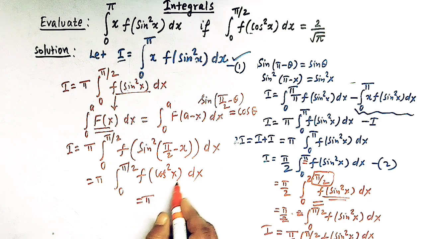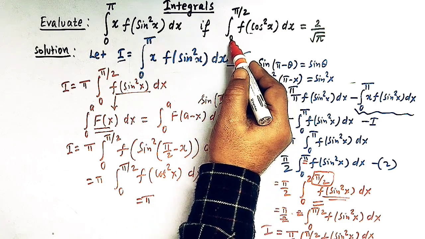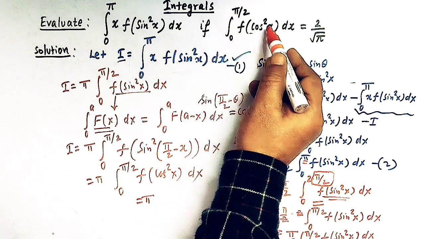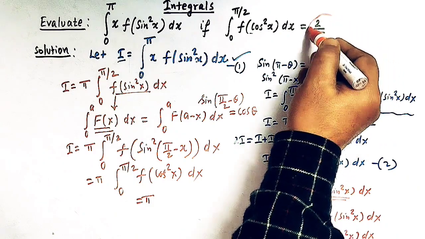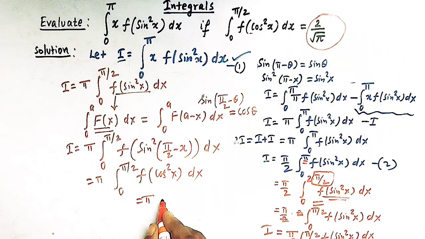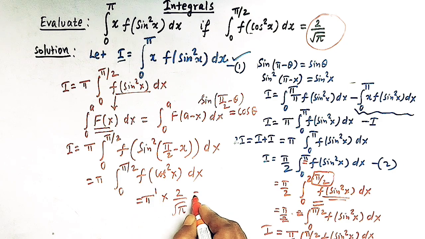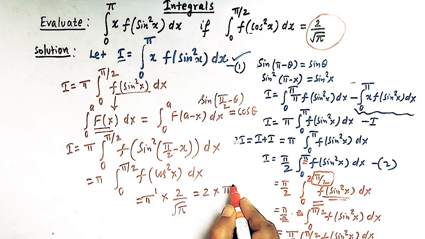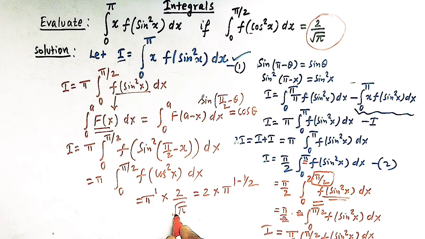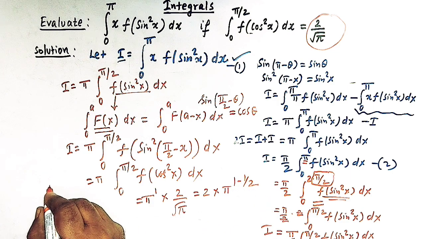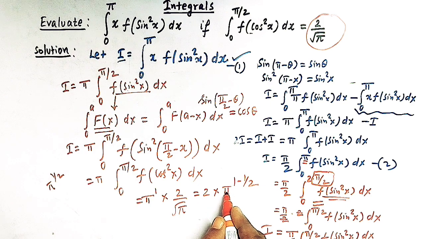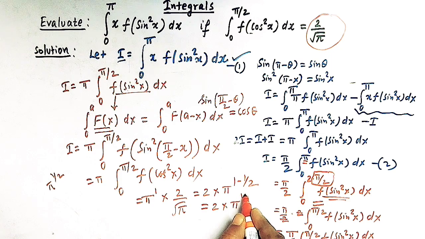So now the value of the integral 0 to pi by 2 f of cos square x dx is given by this number, that is 2 over square root of pi, right? And here we have pi raised to 1, so we have 2 times pi raised to 1 minus half, because square root of pi can be written as pi raised to half, and applying the properties of exponents, we have 2 times pi raised to half.